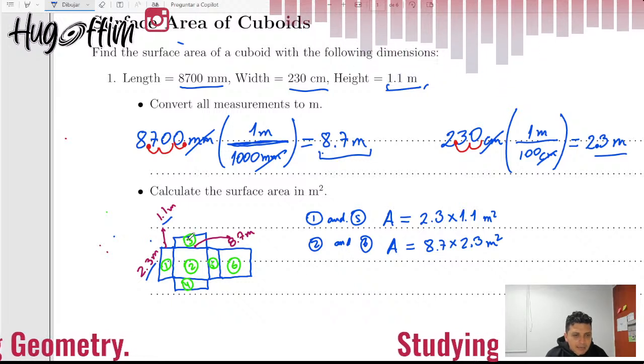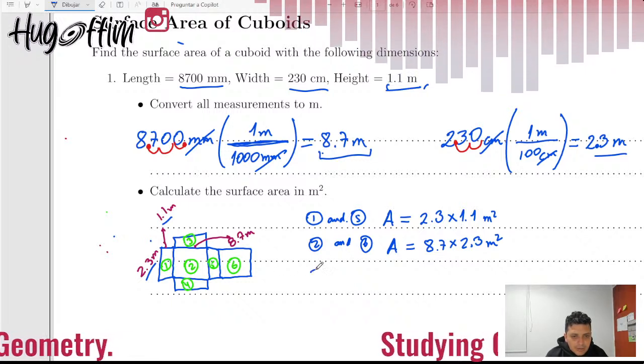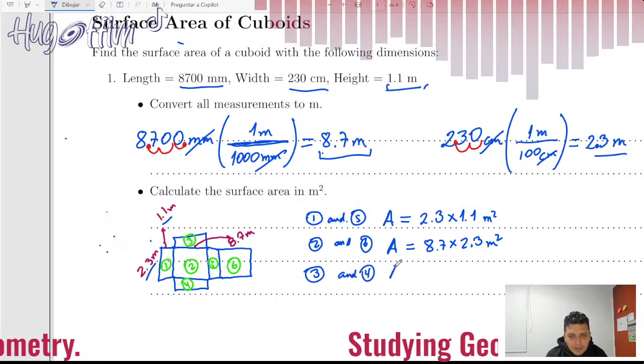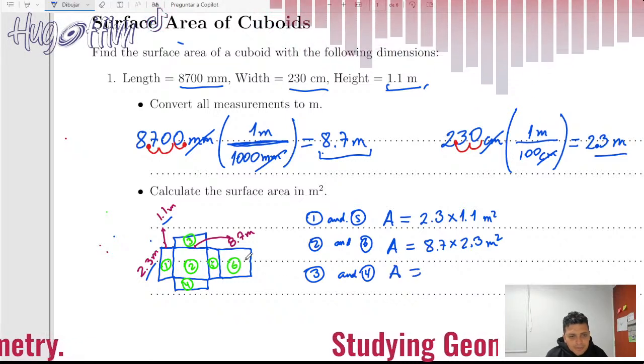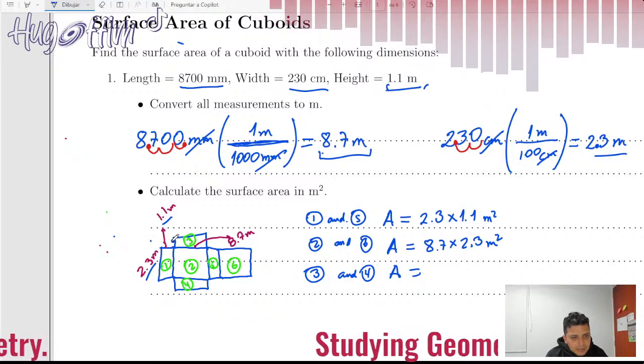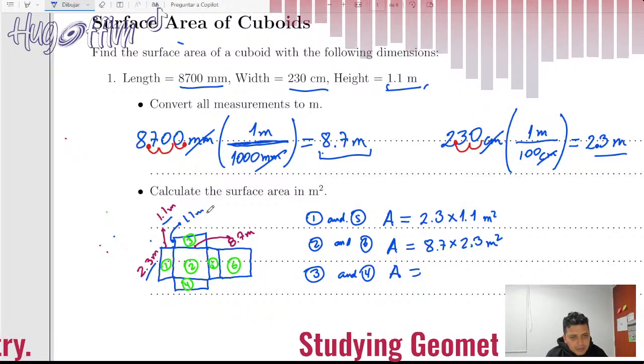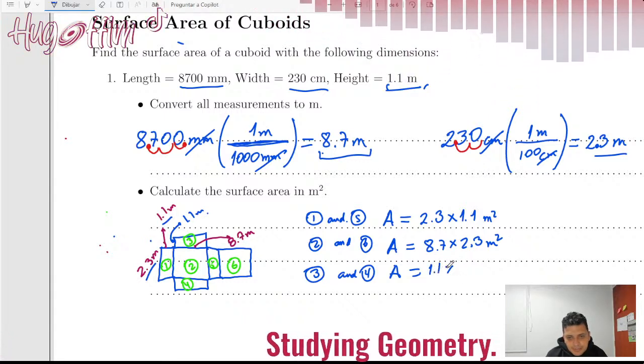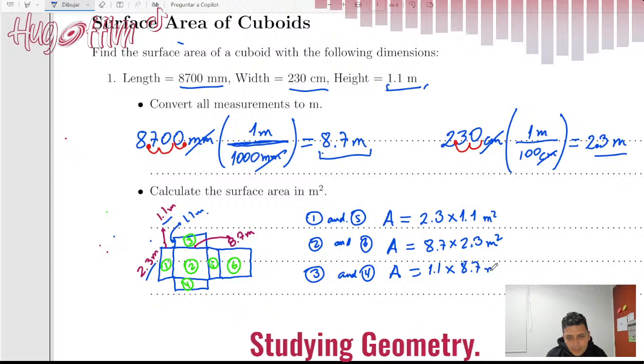And finally, rectangle 3 and rectangle 4. Both are going to measure the same area, which is going to be 1.1 meters, this side, times 8.7 meters, squared.